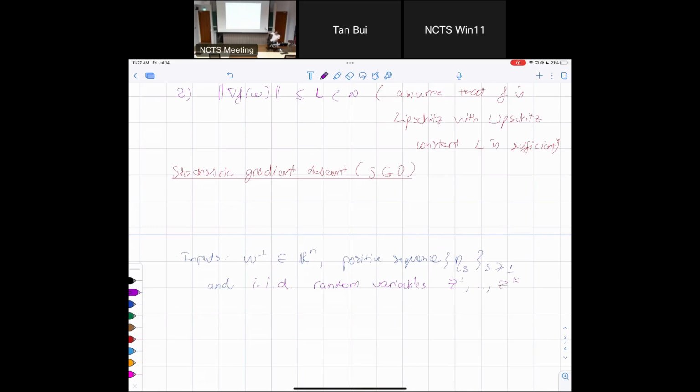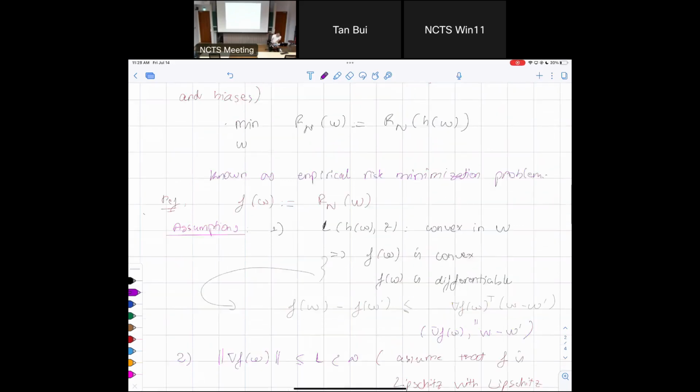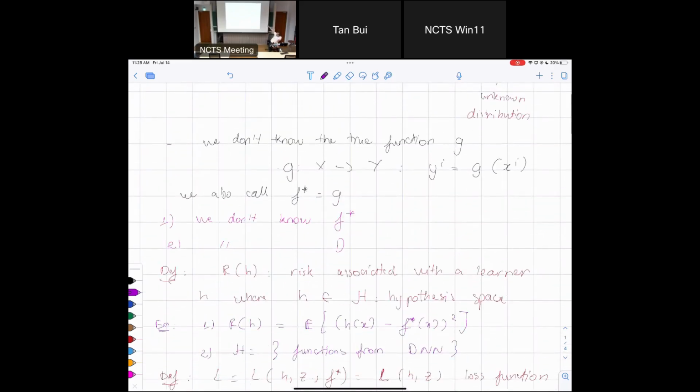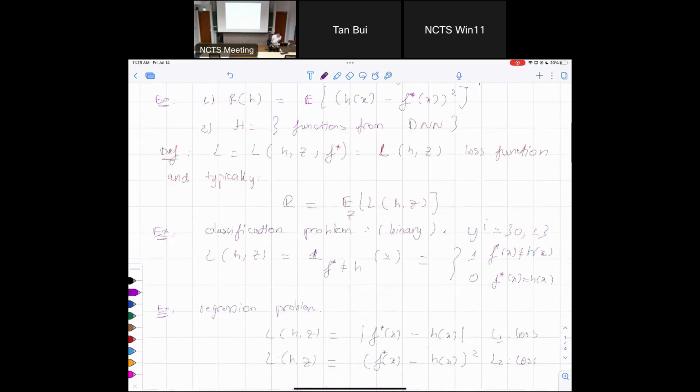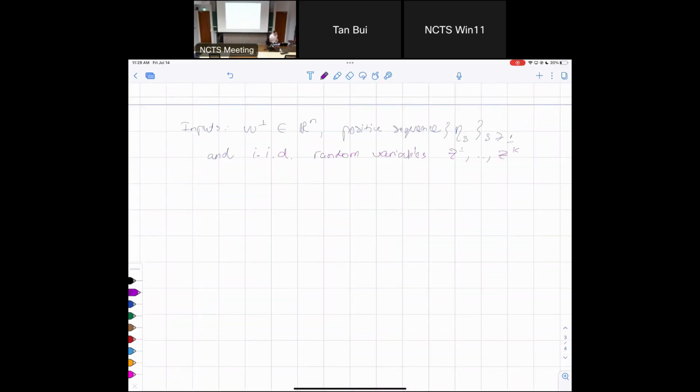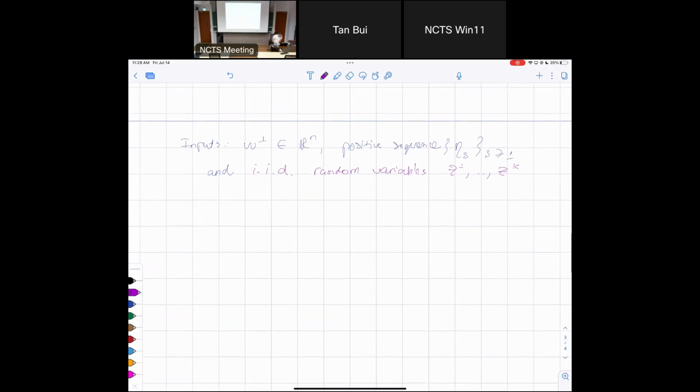Remember that these are from the training set, and we assume that each of them is IID drawn from a distribution D. Remember the distribution D up here that we don't know. We assume that they are IID for the large number to be meaningful. But you're going to see more in a second.